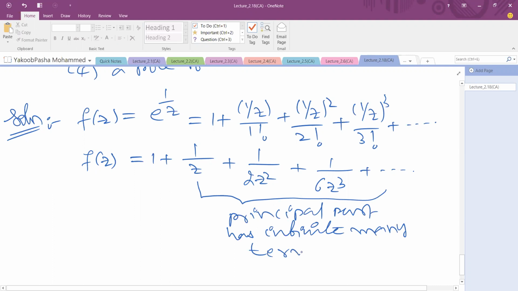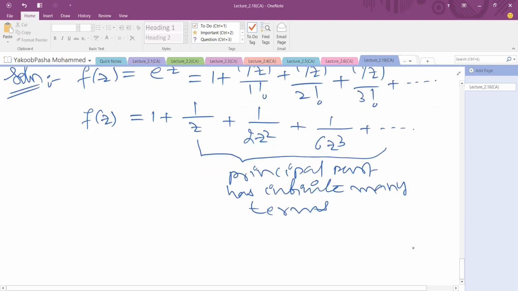The Laurent series has a principal part with infinitely many terms, therefore the point z equal to 0 is an essential singular point.